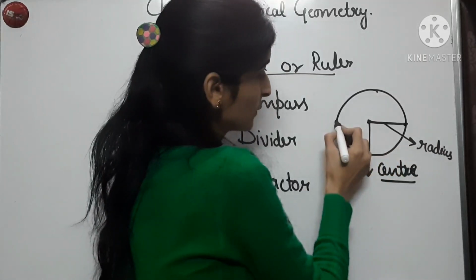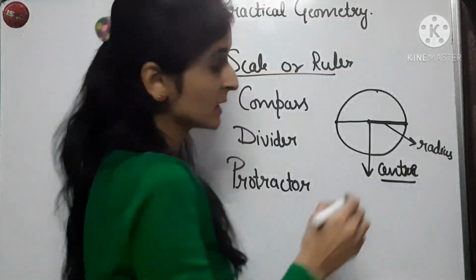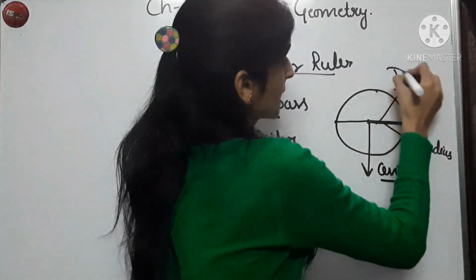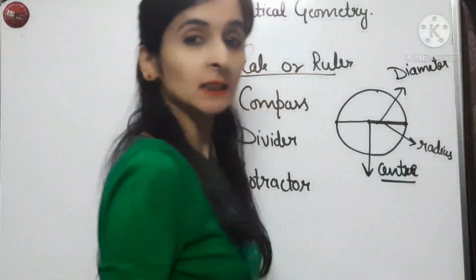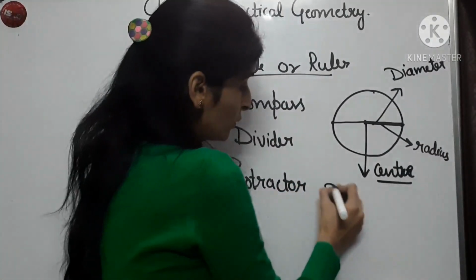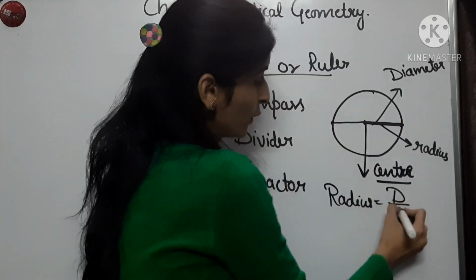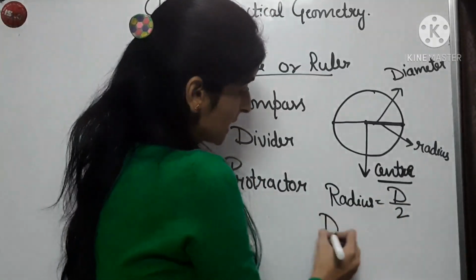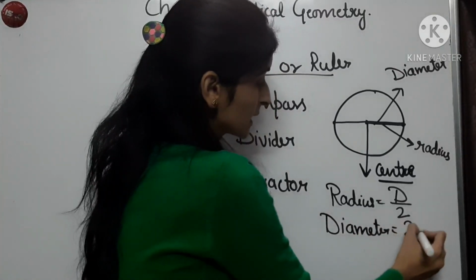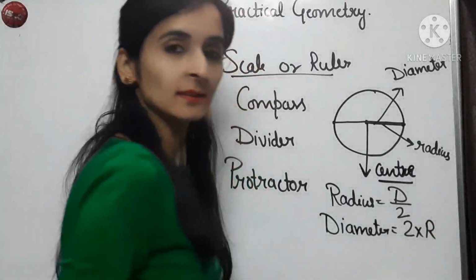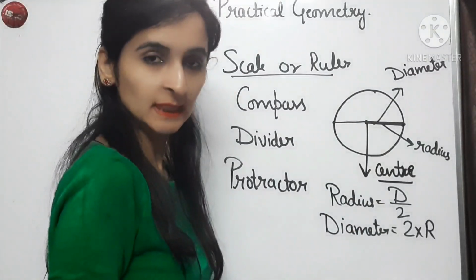The line segment between them is called the diameter of the circle. And we all know that radius is half of the diameter and diameter is double the radius. We have already discussed these things in our 5th standard.